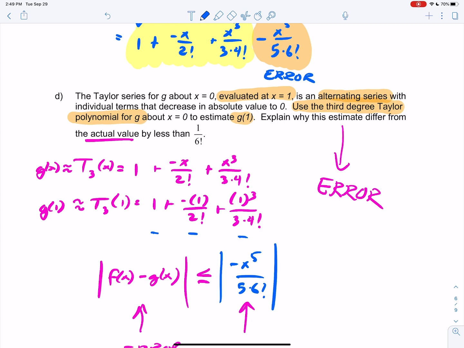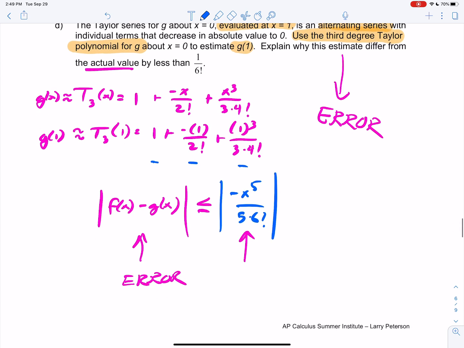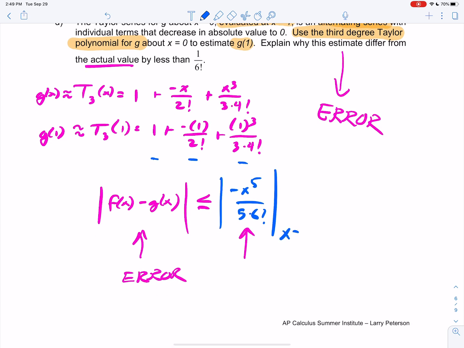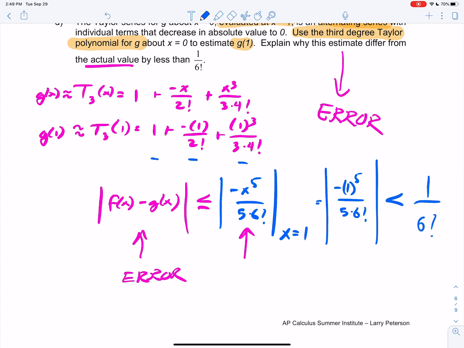Notice how I have absolute values there. Make sure that you don't forget that. And I want to evaluate this. Well, where did I make my approximation? My approximation was at 1. So here's what we do. We plug in 1. So negative 1 to the 5th power over 5 times 6 factorial. Now, this is definitely less than 1 over 6 factorial. That's how you cheat.